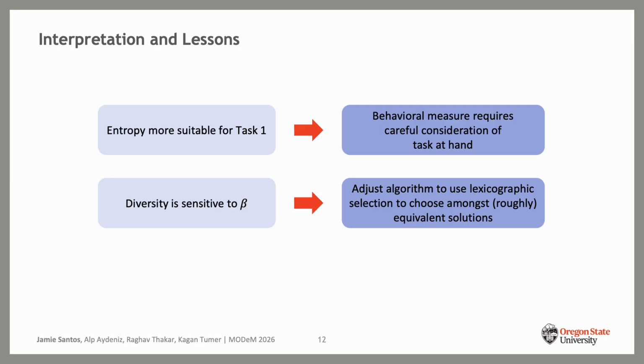So, while these experiments reveal some limitations, they also suggest that behavioral information could provide a useful additional signal for preserving solutions if we are careful about what information we use and how we incorporate it.